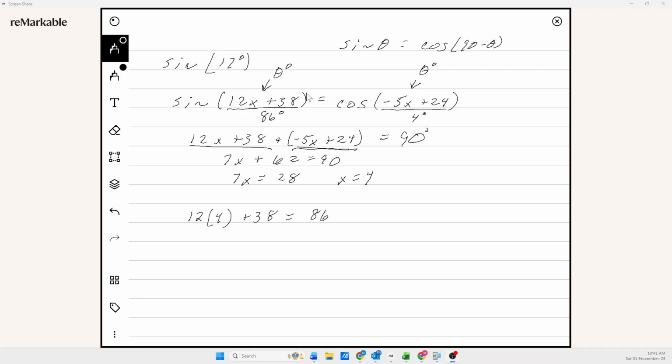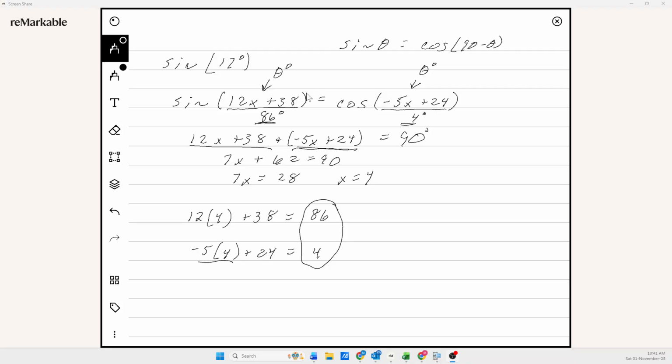And I can show that by saying negative 5 times 4 plus 24 equals negative 20 plus 24, which is 4. These have to add to 90 if I did this correctly. So once I know what this one is, I know what this one is. All right, so that's not too tough.